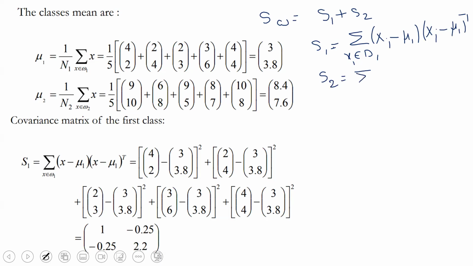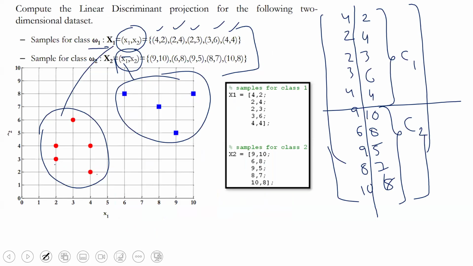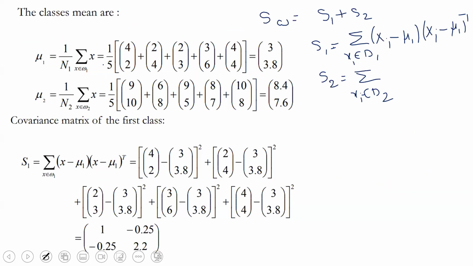S2 is nothing but the same for every xi that belongs to D2. What are D1, D2 here? They called it class 1 and W1, W2. So D1 is class 1, D2 is class 2. So xi minus mu2 into (xi minus mu2) whole transpose. This is what we have to calculate to find SW.